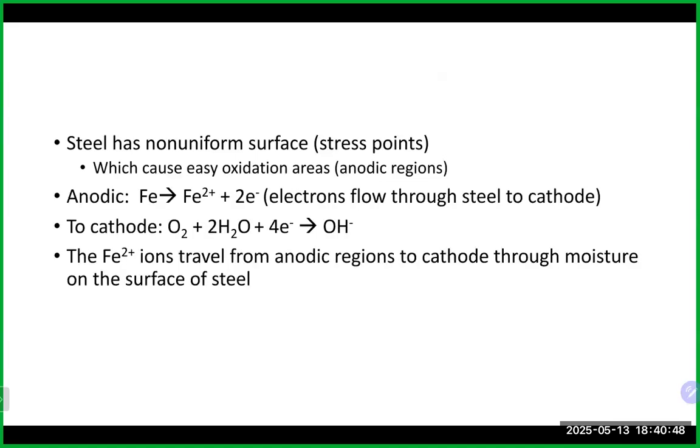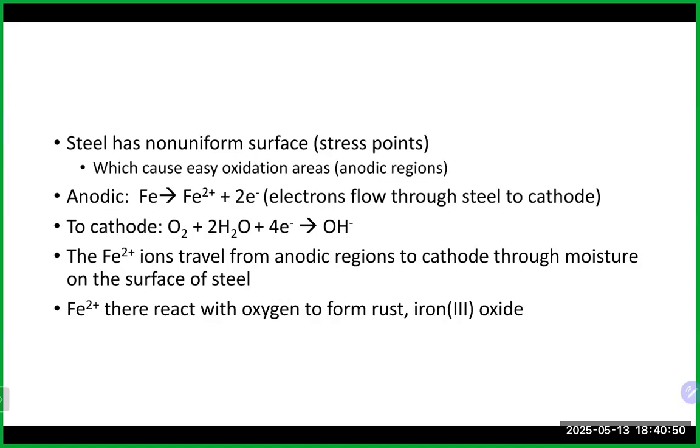Steel, though, on the other hand, as I mentioned, is not a great thing. It has very non-uniform surfaces, and those are great places for moisture to sit, and then pretty much you have the trifecta of what you need: a little bit of iron, a little bit of oxygen, a little bit of moisture, and you're good to go for rust. So it's a nice breeding ground for rust to occur. It actually occurs in a couple of steps.